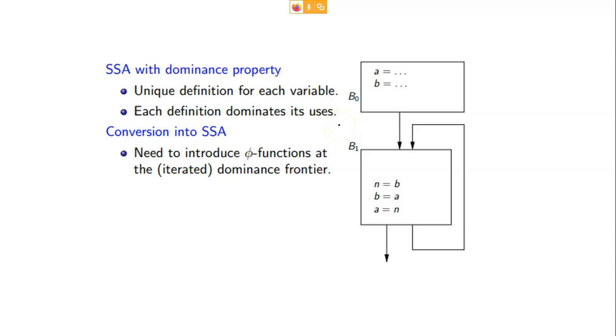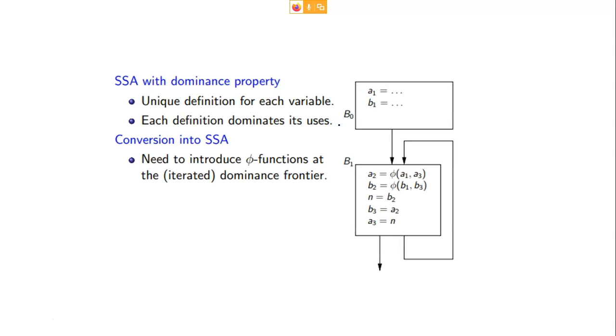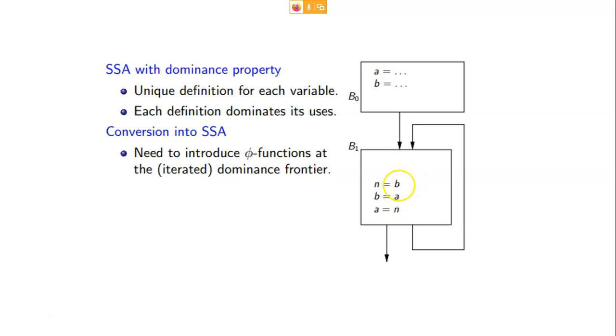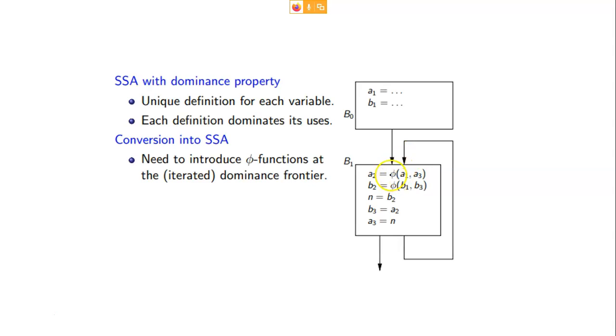This is the idea of how you can convert a loop into SSA form. It is a very simple idea: just a new concept, the phi function, that we need to apply. As I told you, if this is three address code and you convert it into SSA, there is a small mistake I have made.